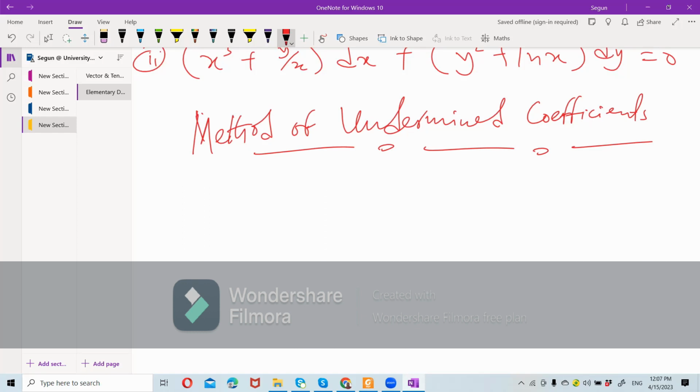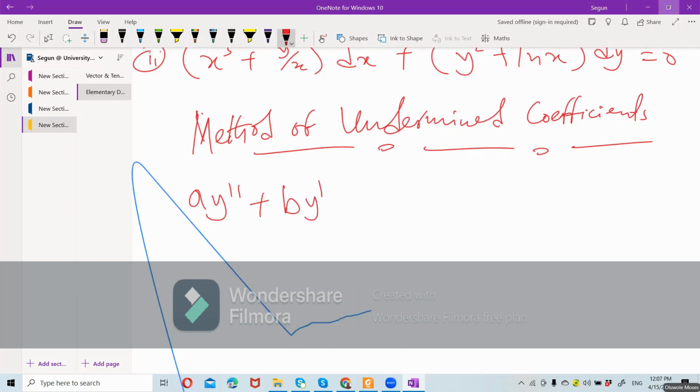So in this case, we have an equation of ay prime prime plus by prime plus cy equals to g of x.